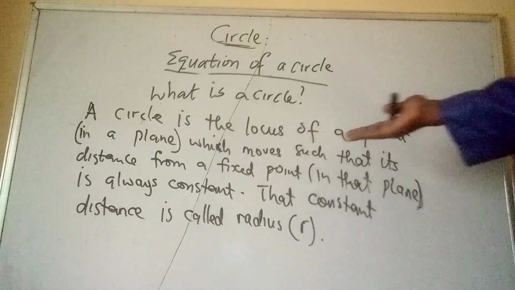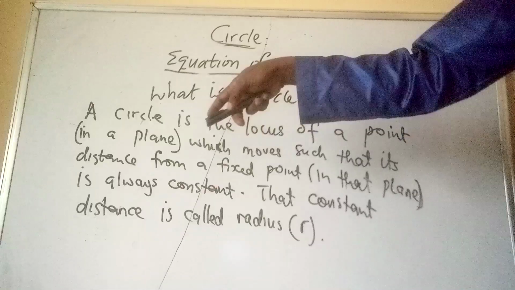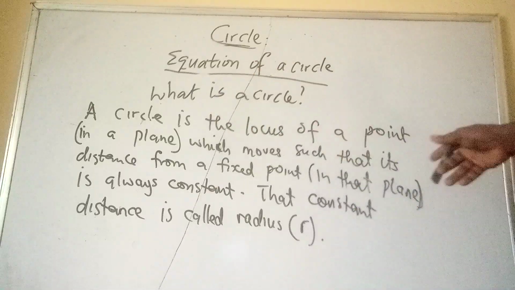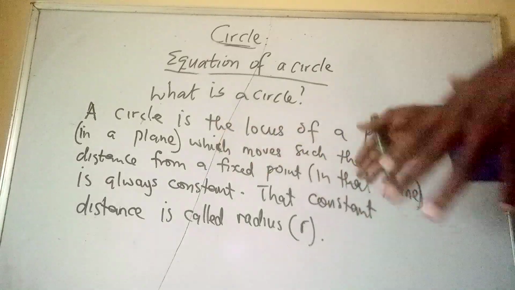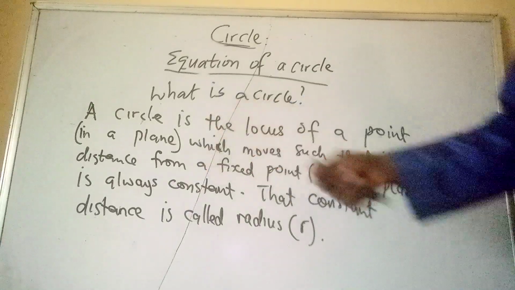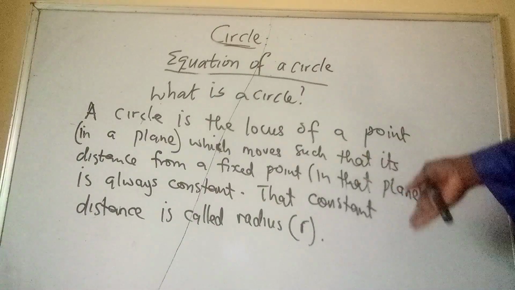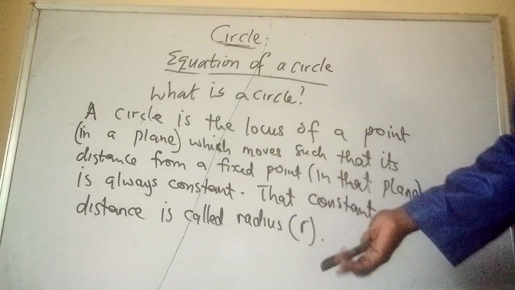A circle is the locus of a point in a plane which moves such that its distance from a fixed point in that same plane is always constant. That constant distance is called radius of that circle.